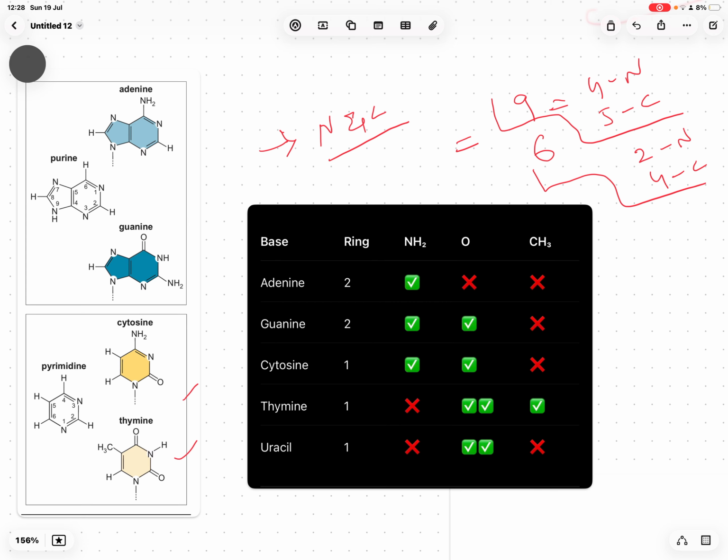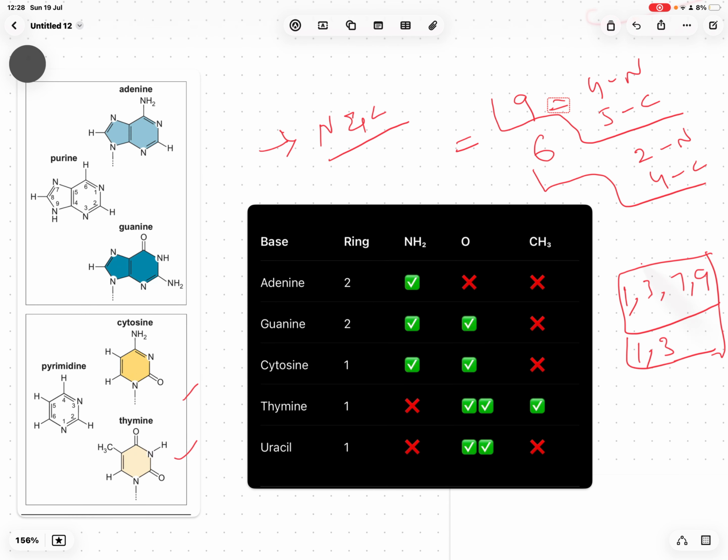Okay, so coming to the position of these atoms. Nitrogen atoms are present on the first, third, then also seventh and ninth positions of purine rings, whereas in pyrimidines, the nitrogen atoms are present on the first and third positions.